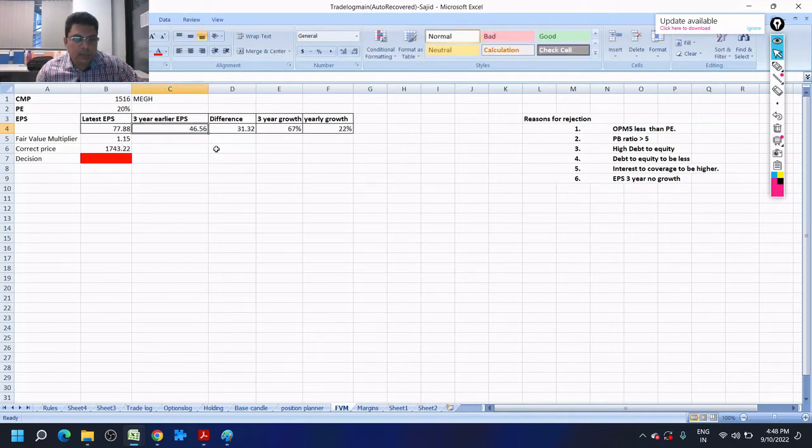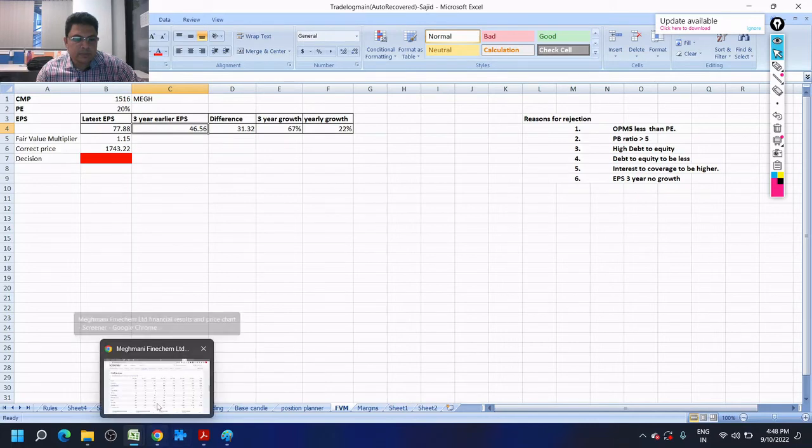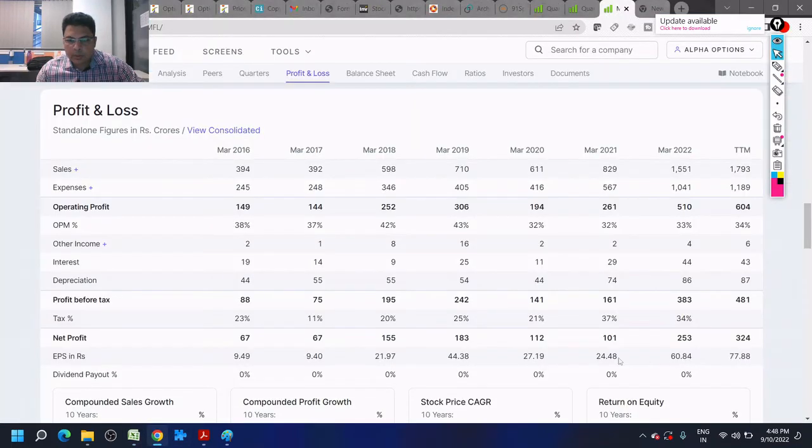And what is the 3-year earlier EPS? 1, 2, 3. So let's take 27.19.